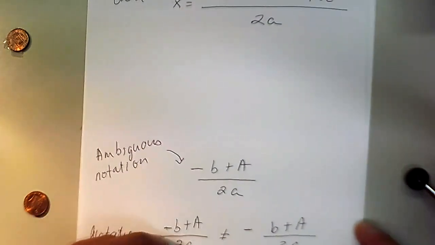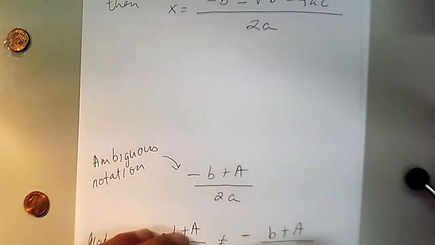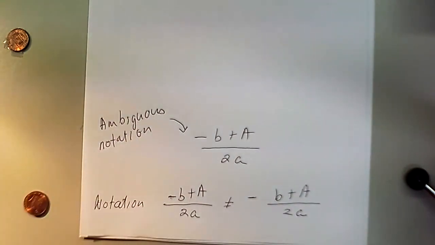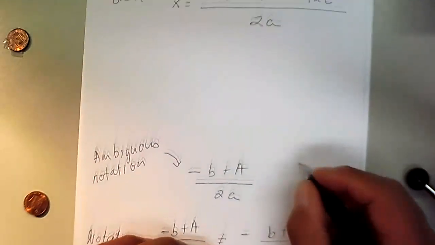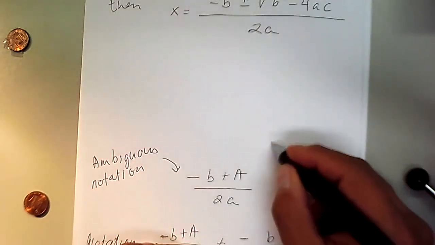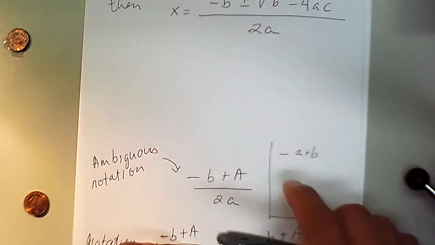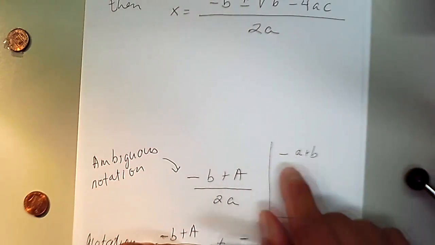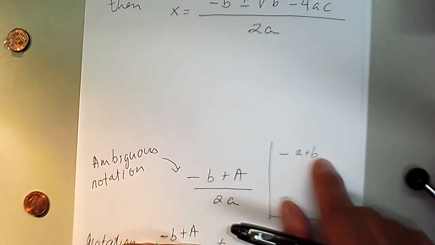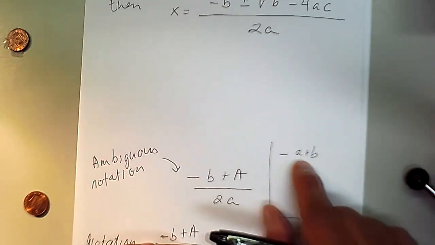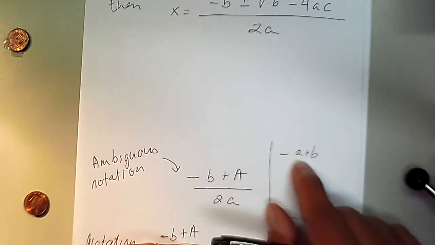Same thing happens with negatives inside of additions. Some students put down, this is just a second note, negative a plus b, and they think they are doing negative of a plus b. Well, what if you have a sequence of additions here? Where does the negative end?